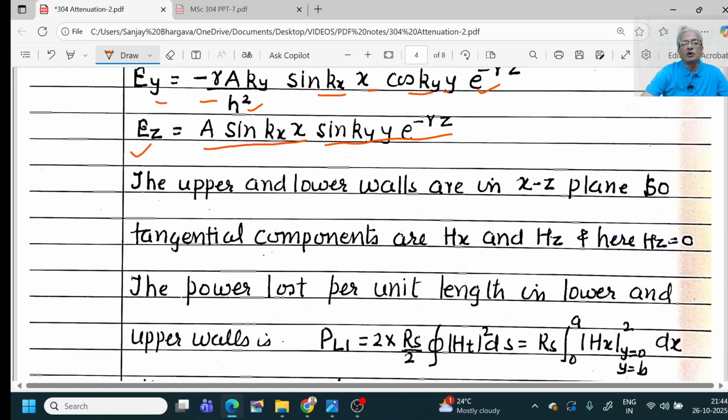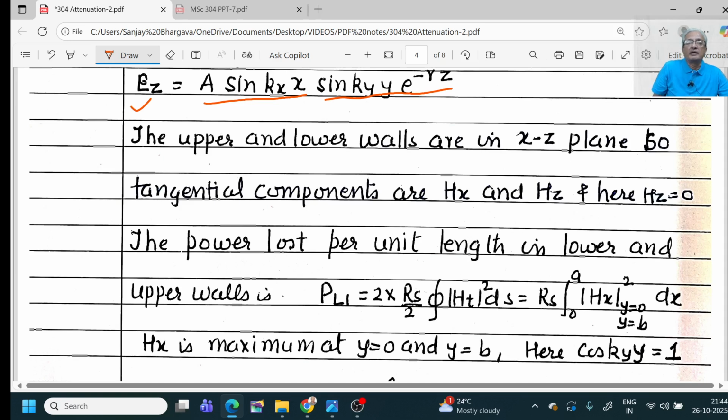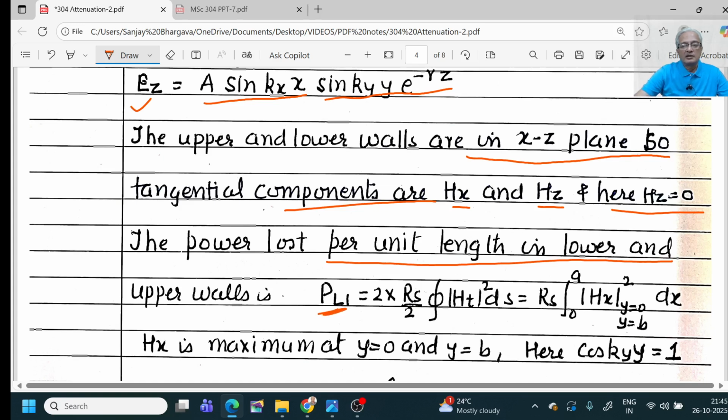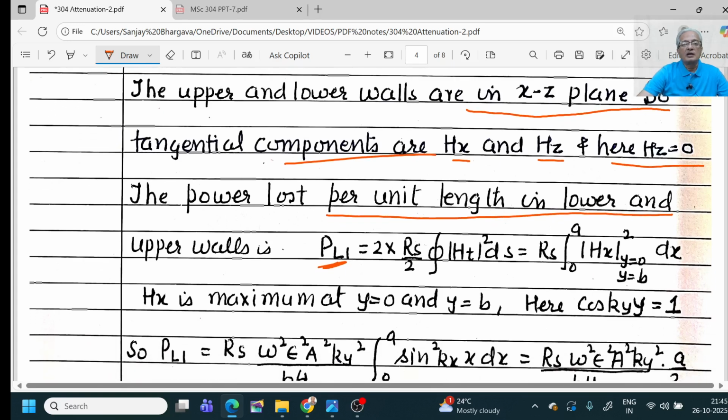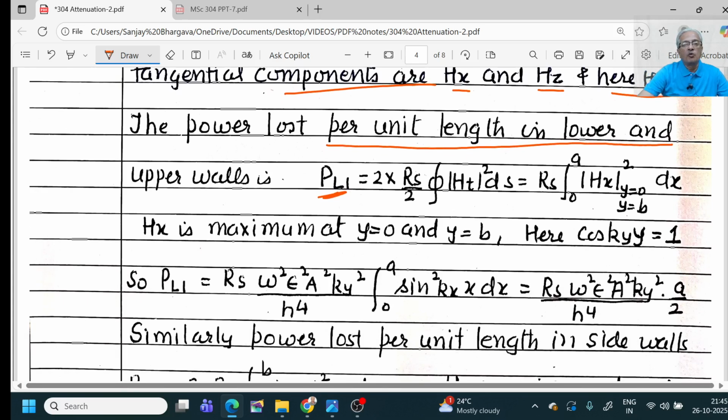The upper and the lower walls are supposed to be in the xz plane. So tangential components are Hx and Hz, and here Hz is supposed to be 0. The power loss per unit length in the lower and upper walls is given by PL1. It gives me power lost in upper and lower walls.